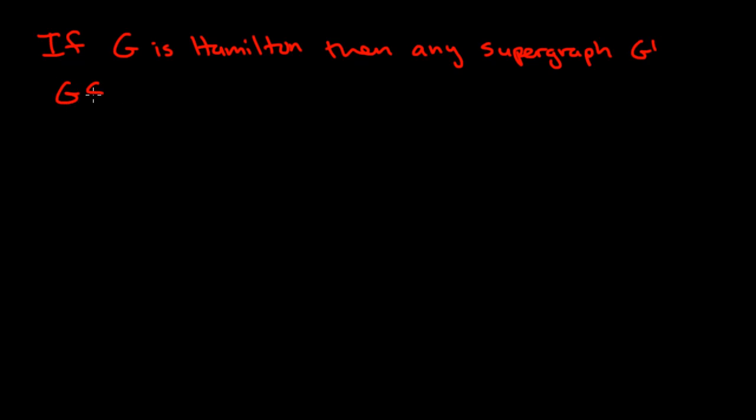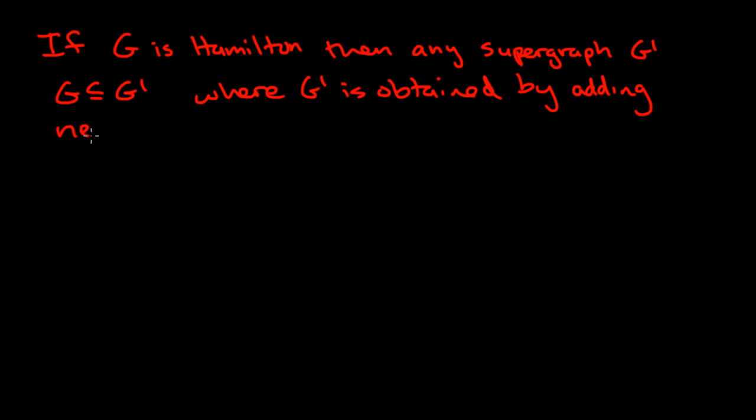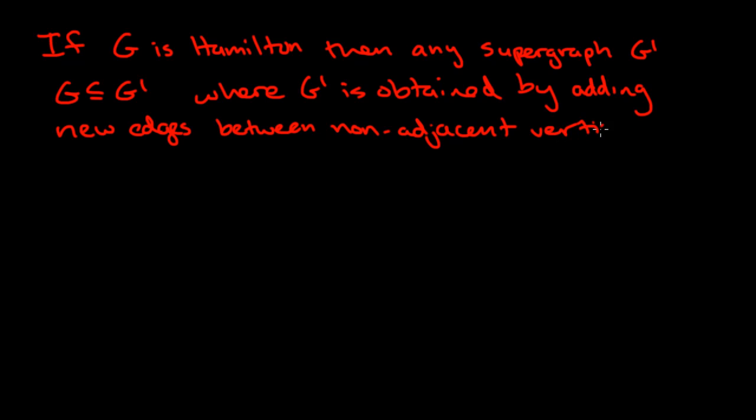So we can repeat that by saying that if G is Hamiltonian, then any supergraph G prime, so that means that G is in fact a subgraph of G prime, where G prime is obtained by adding new edges between non-adjacent vertices of G, then G prime is also Hamiltonian.